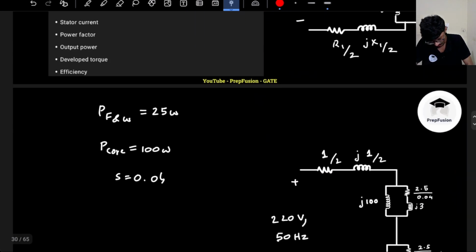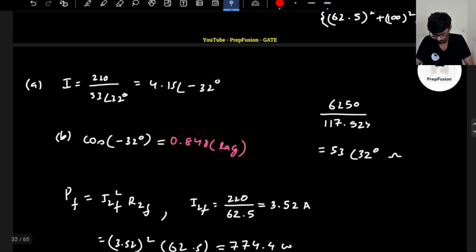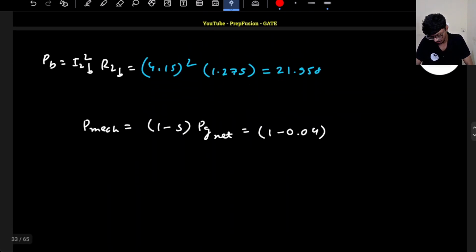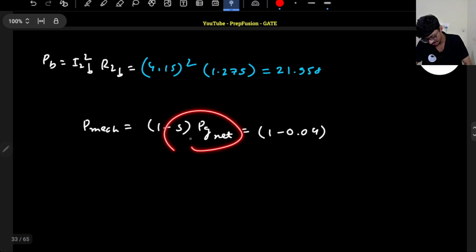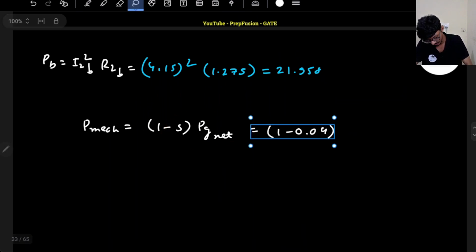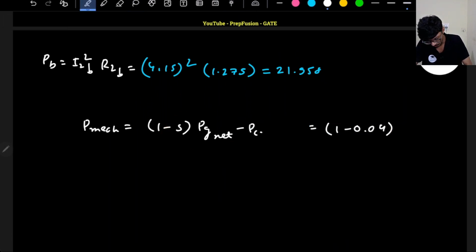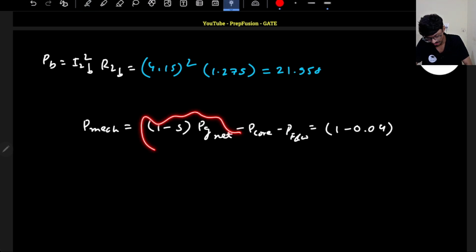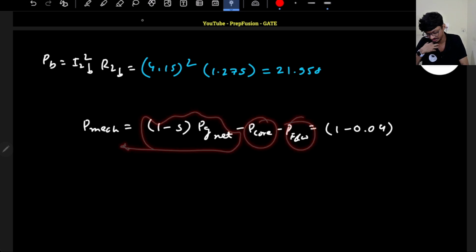After air gap power, friction and windage all those come, right? So P mech will be PG net minus the losses, right? I have to subtract the losses, minus P core minus the friction and windage loss, because this was the supposed power that I'm expecting, but I have the core loss and friction and windage loss.